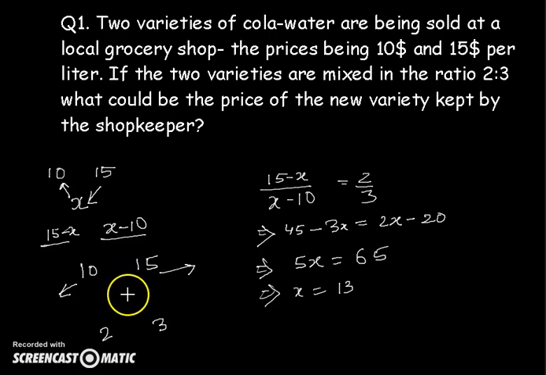It has to be something in between 10 and 15, the new price. So this price seems to be nothing but 13, because 13, when you subtract from 15 you will get 2, and when you subtract 10 from 13 you will get 3. So this is pretty much straightforward that 13 should be the new price.